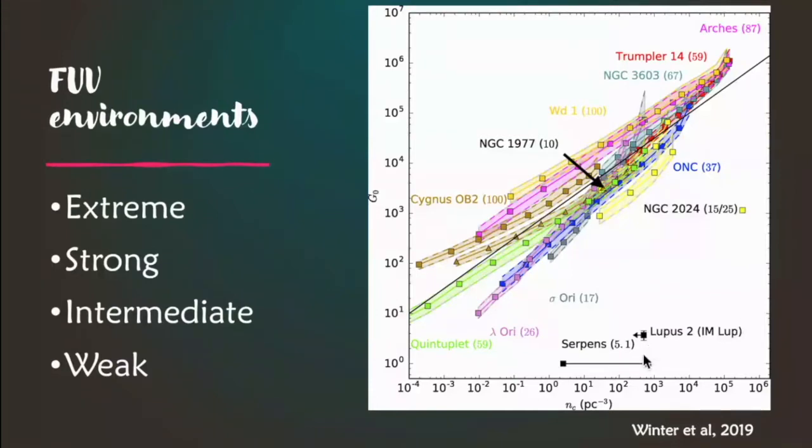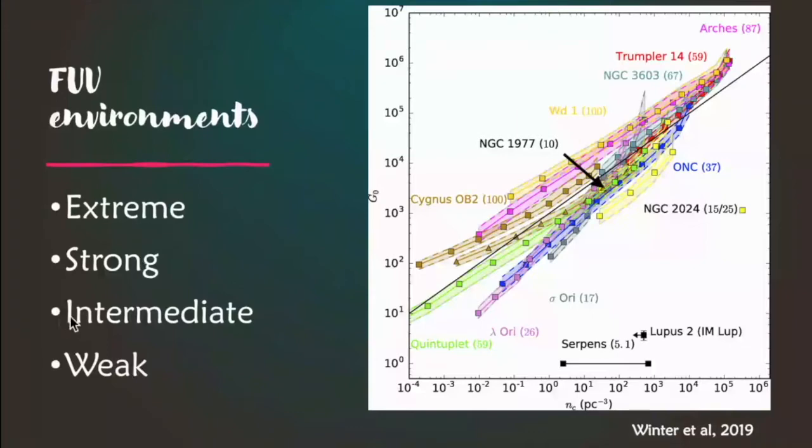This plot you've seen so many times. This is from Andrew's paper. The y-axis is G naught, basically the UV background, and the x-axis is cluster density, and very extreme environments. In this talk I would say extreme, strong, intermediate, and weak.